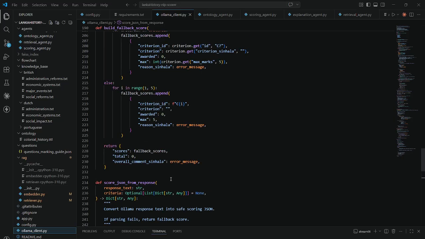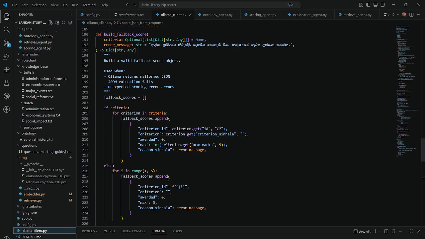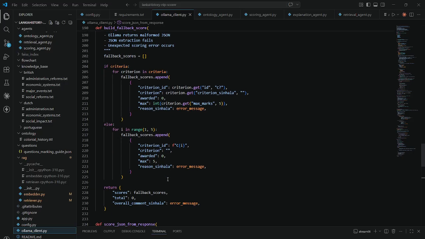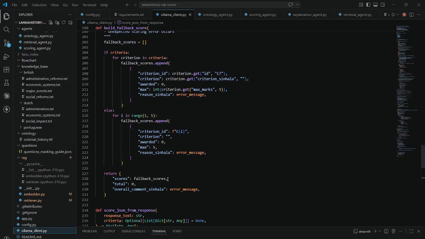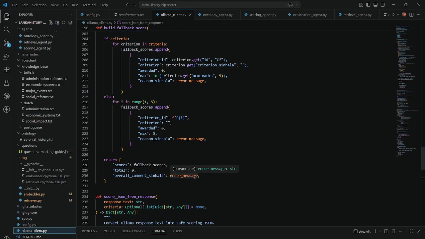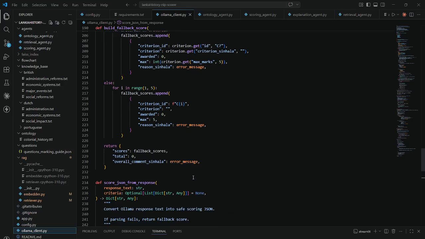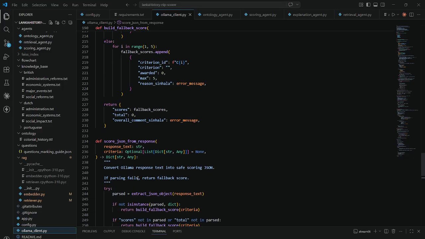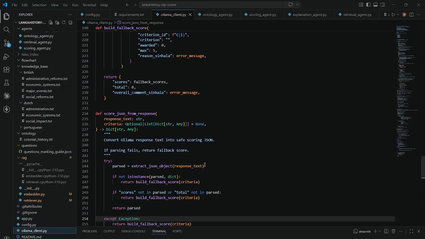The system also includes reliability safeguards such as JSON parsing fallback, Python based total recalculation, and deterministic Sinhala reason generation. These safeguards prevent malformed LLM output from breaking the Streamlit interface. So, in conclusion, HelaScore is a fully offline Sinhala open-ended answer scoring system for colonial Sri Lankan history.